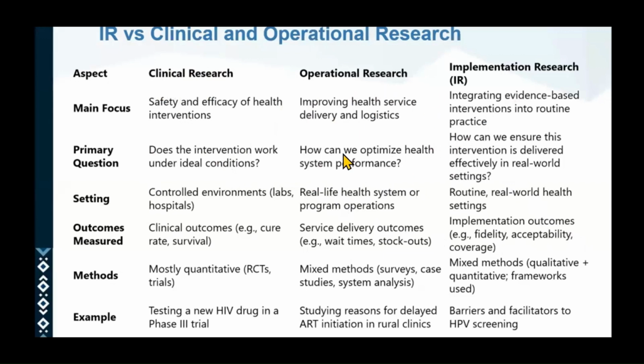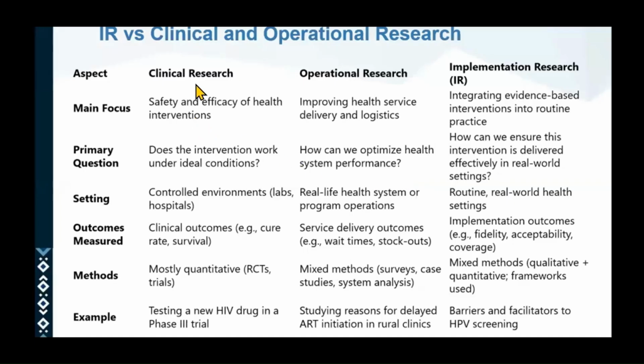And in implementation research, we want to answer the question, how can we ensure that this intervention is delivered effectively in a real world setting? Once we understand what these different types of research are aimed at, we can clearly differentiate between clinical research, operational research, and implementation research.